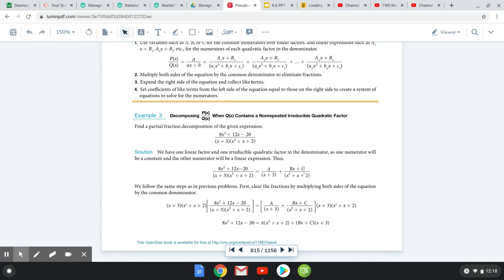Essentially, you could think of it as when we're doing polynomial long division, this would be the highest degree form that the remainder could take, right? My remainder, if I'm dividing by this, could be linear, right?